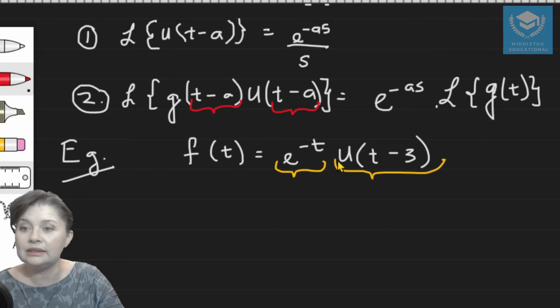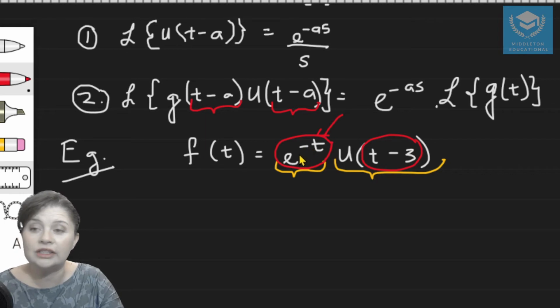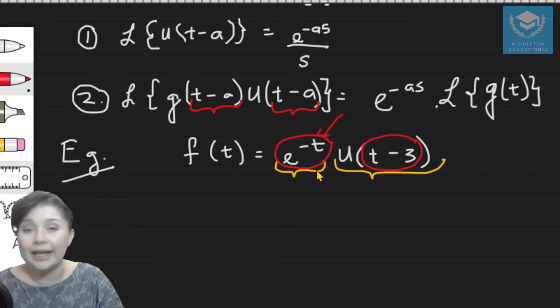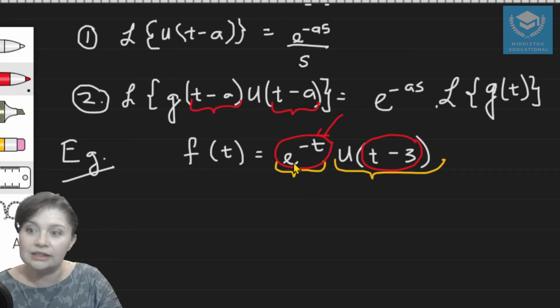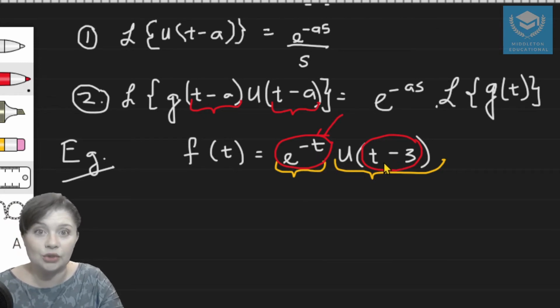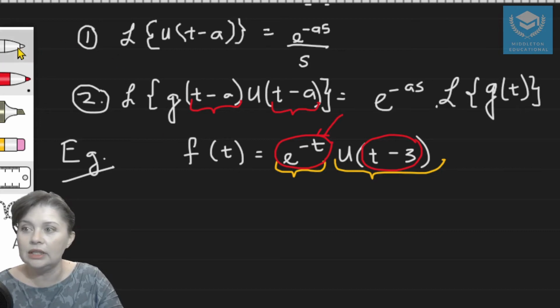So in our example f of t, it means that this t minus 3 has to appear somewhere in the function which is in front of the Heaviside step function, which you don't have at the moment. All you've got here is the t. So that means we have to manipulate this e to the power minus t so that we do have t minus 3 somewhere. So how do we do that?